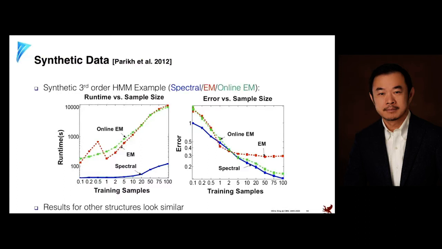First of all, the speed advantage. You can see that for the EM algorithm or online EM algorithm, which is an EM but every time takes the latest window of the data and does the online update rather than the batch update, the runtime is really growing exponentially with the number of training examples.